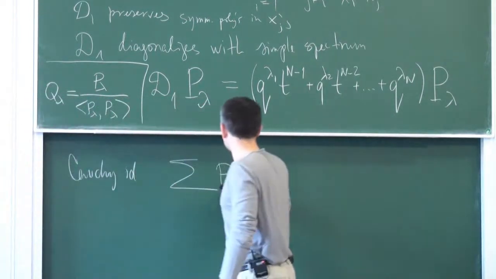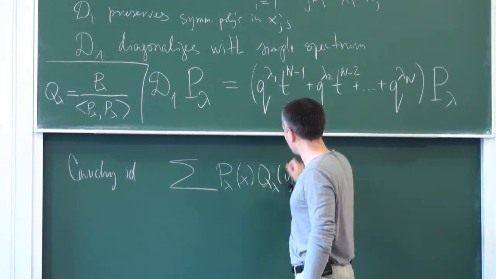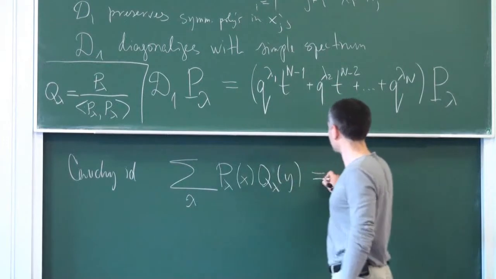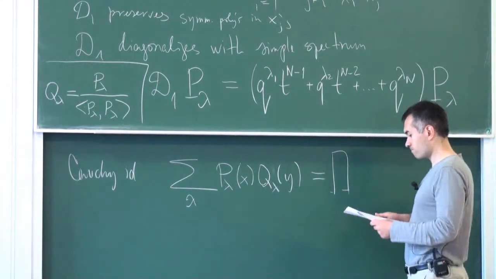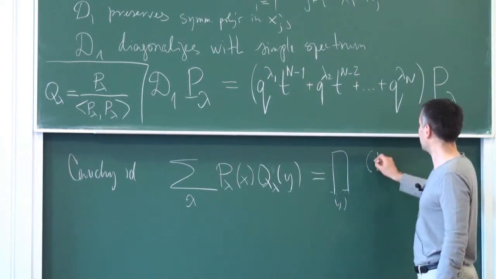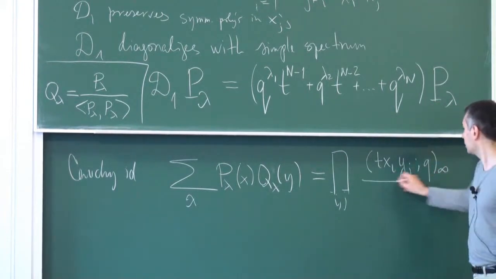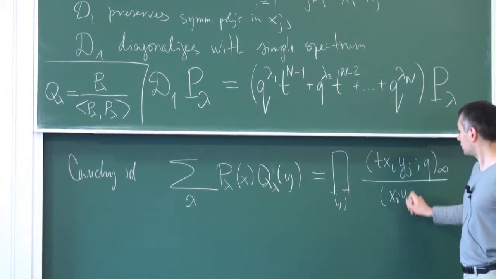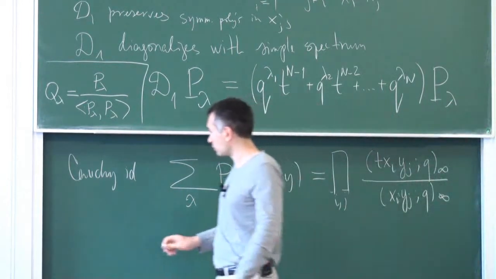So if I write what's called the reproducing kernel, if I sum over all lambda, then there is a nice product formula, which is the product over all i, j of (t x_i y_j; q)_infinity divided by (x_i y_j; q)_infinity, where I use the notation of the q-Pochhammer symbol.